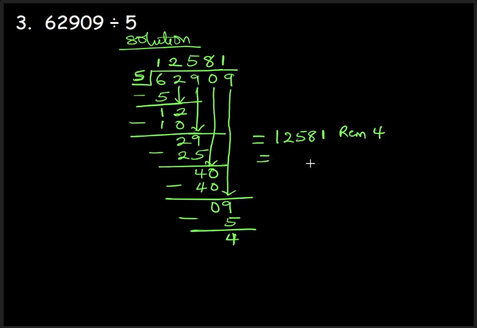Or we put it as fraction. 1, 2, 5, 8, 1 whole number, 4 all over 5. Okay, and then we'll look at this one that has to do with a 2-digit number. The divisor is a 2-digit number. So it's the same principle.